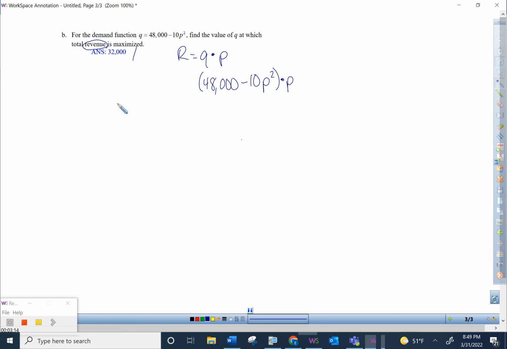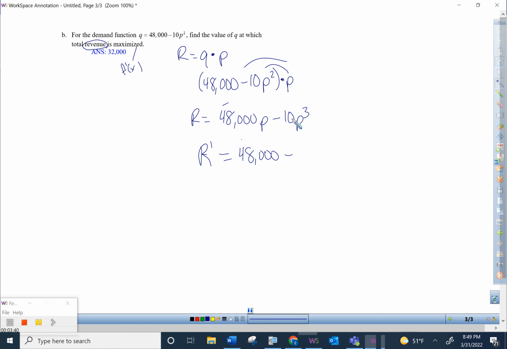Remember, maximize, minimize, those are things that mean first derivative. So I like to simplify before we do that. We'll distribute P through. So our revenue is 48,000P minus 10P cubed, and then we've got to find the derivative of that. So first part, just 48,000, the P goes away.